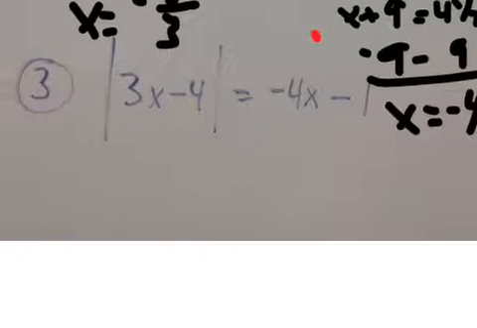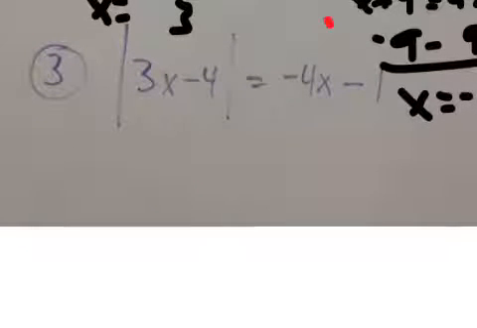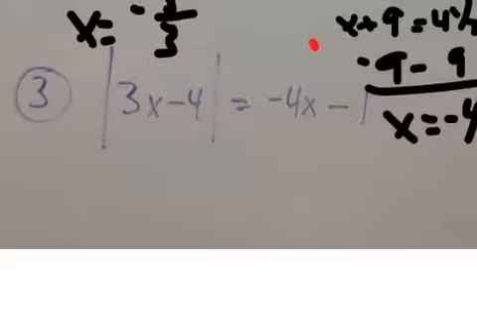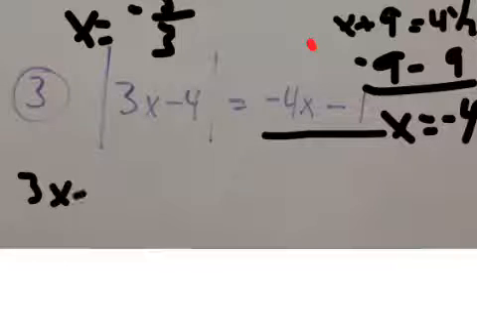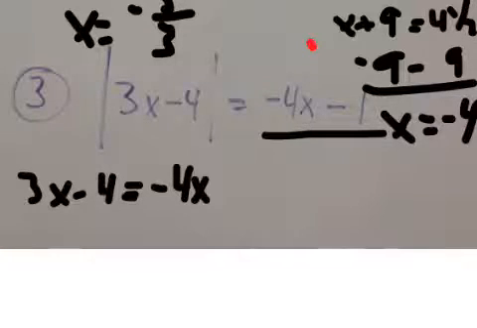And here's what we're going to do. Let's do it real quick. So, here, I have the absolute value isolated, but look how I have all of this nonsense over on the other side. What we had talked about is that you do the 3x minus 4, and then you keep it the same. So it's going to be the negative 4x minus 1.